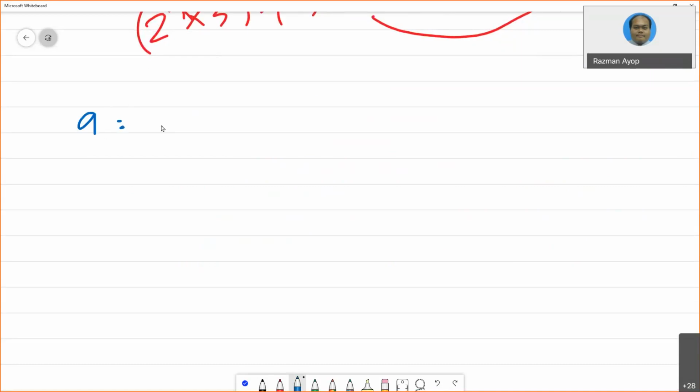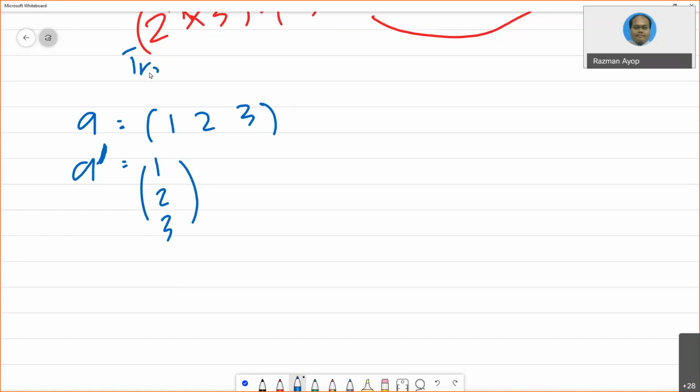A is equal to 1, 2, 3, 4, 1, 2, 3. If you want to transpose this, you use this symbol. In MATLAB, you also can use the transpose symbol near the enter key. So this matrix will become 1, 2, 3. This is transpose.